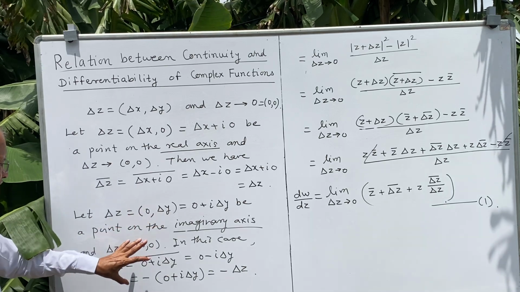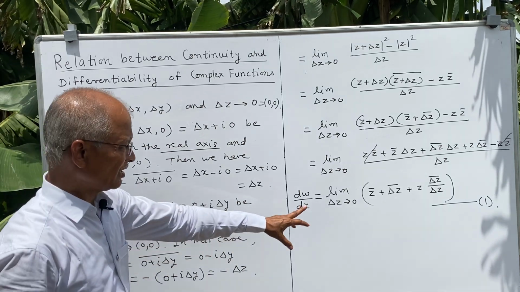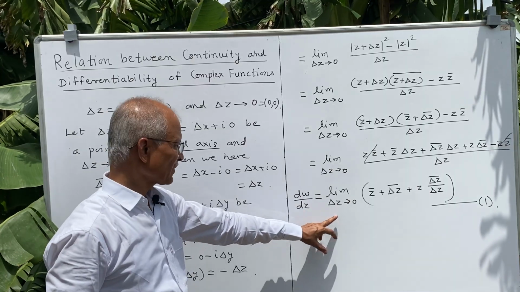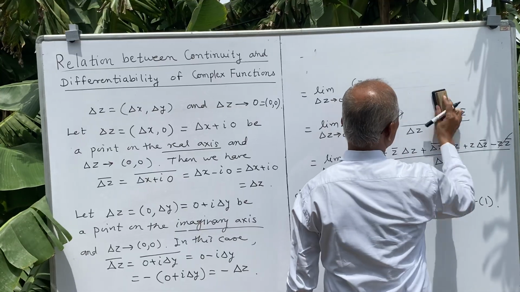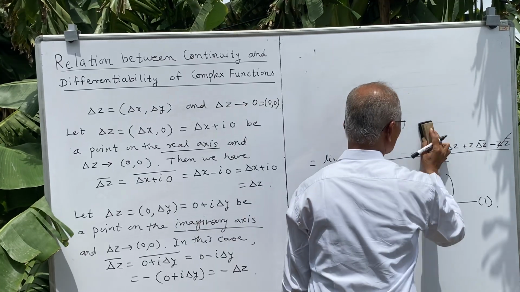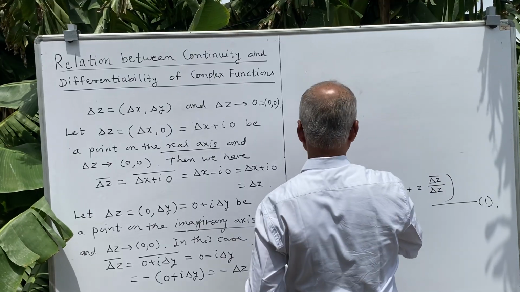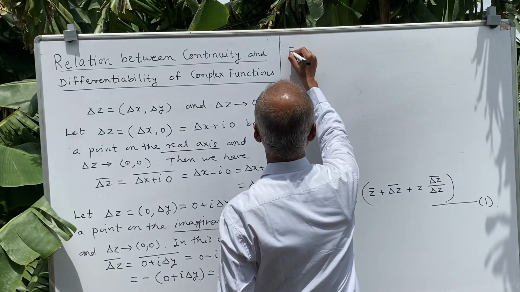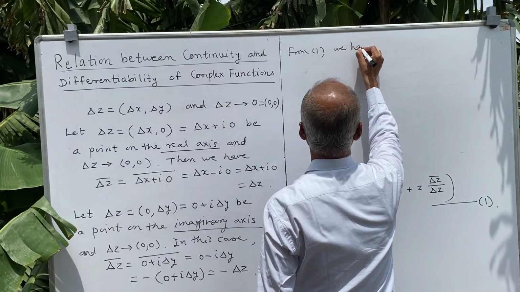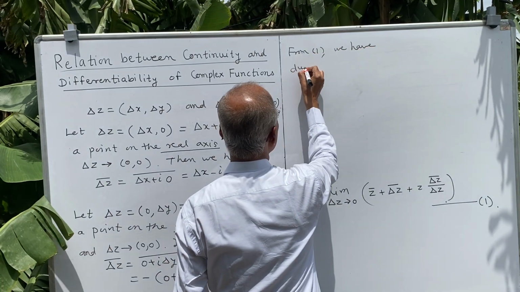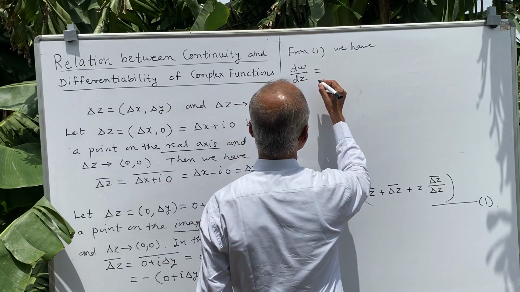Because the conjugate of delta z has two values, we will have two limits here, and therefore from 1 we have dw by dz equal to the limit as delta z tends to 0.